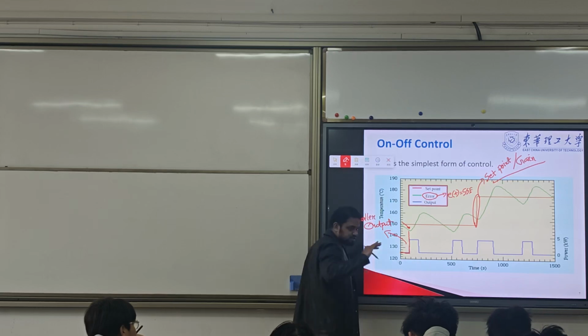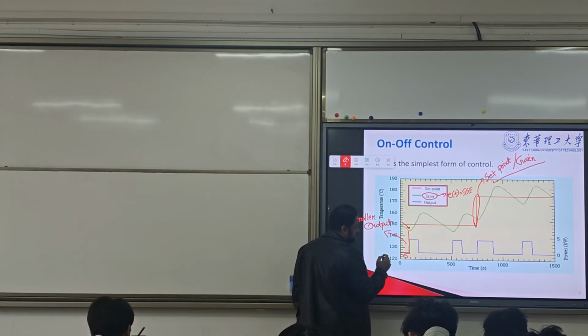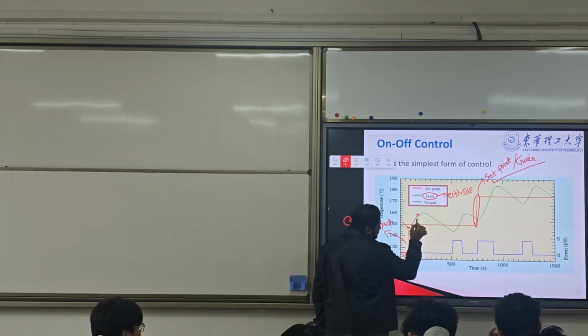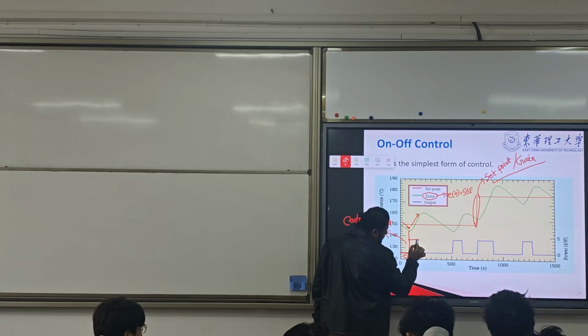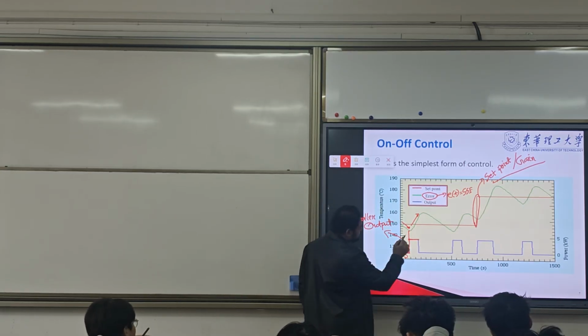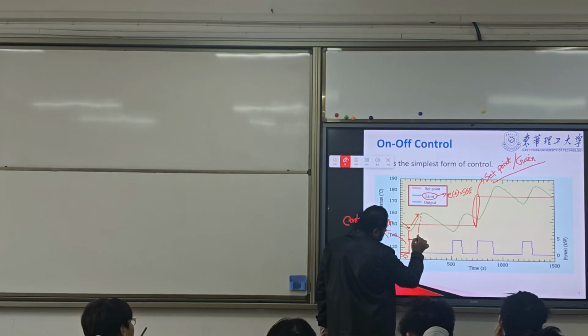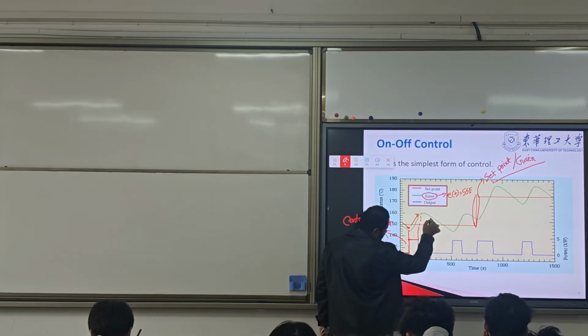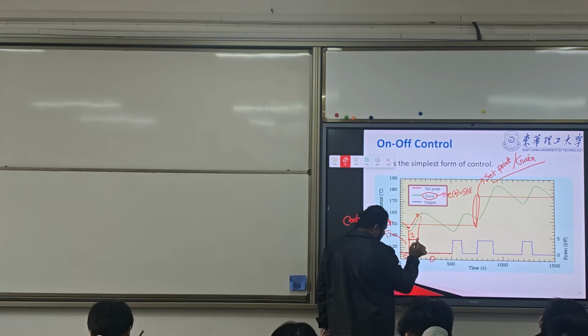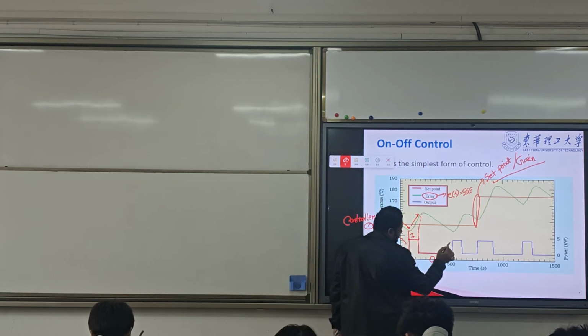It is 0. It is on 0. And why at this point is the gain increasing? It will be high. It is high. Again here, while the gain is decreasing, it will be 0, low. So make it 0, 1, 0, 1.